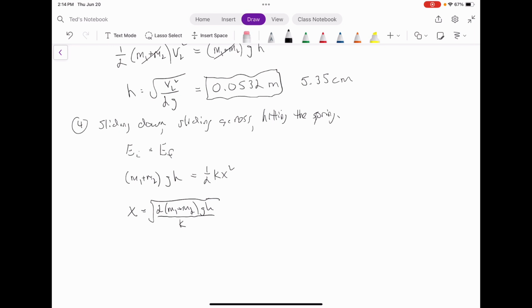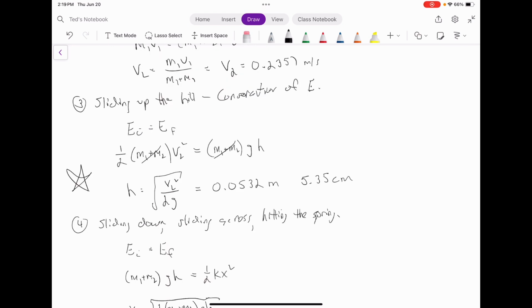And that is not the right answer. Right here's my mistake. I, for some reason, took the square root of both sides when I wasn't supposed to. So that height is not equal to the square root of v squared over 2g. It's just v squared over 2g.